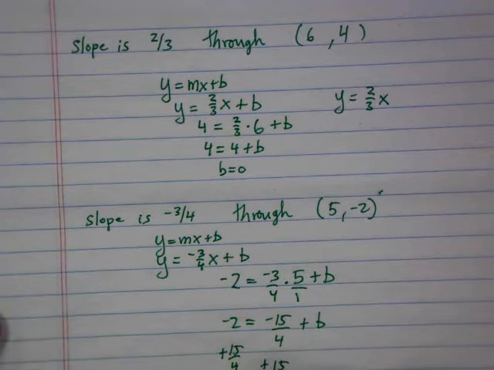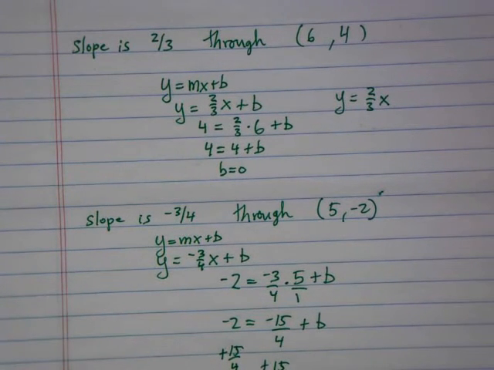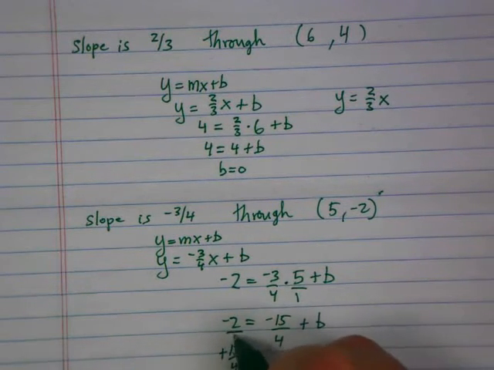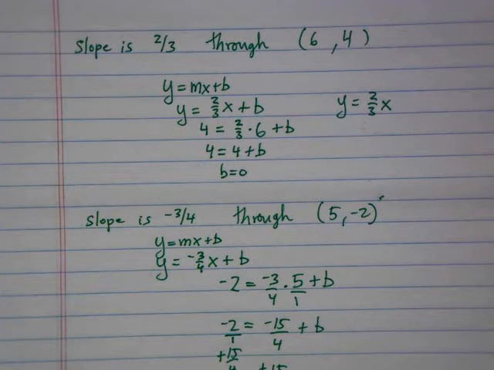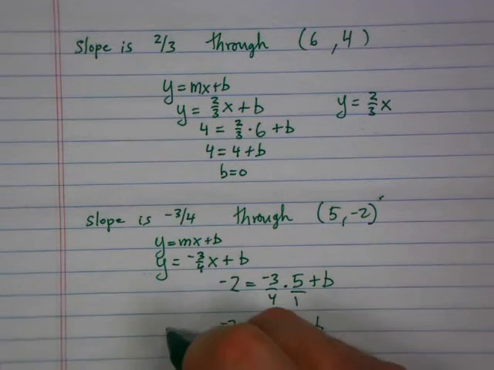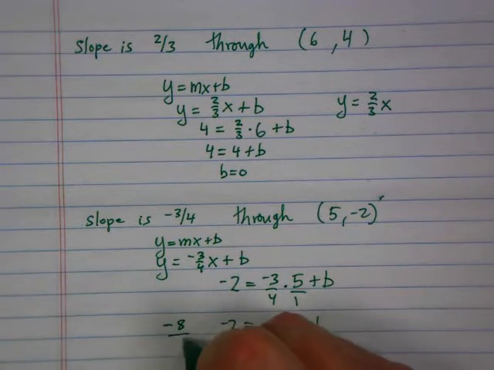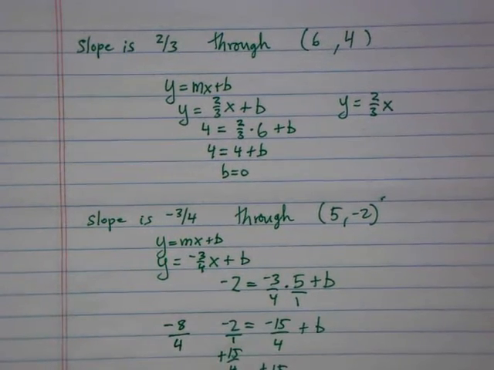So b is, all right, how do I take a nice number like negative 2 and add 15 over 4? I think of the negative 2 over 1. Yeah, common denominator. In order to add, I have to have a common denominator. What's my common denominator? 4. So negative 2 over 1 is the same as negative 8 over 4.